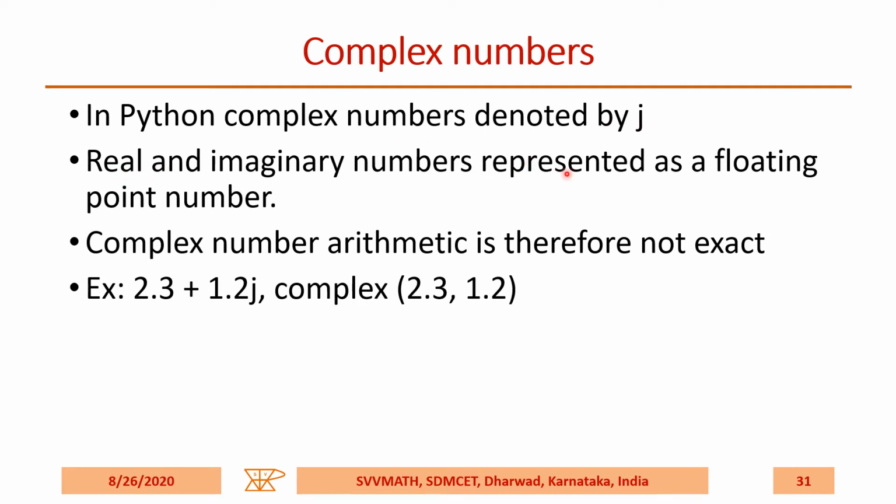Real and imaginary parts are represented as floating point numbers. Complex number arithmetic is therefore not exact. Some examples are written: the complex number 2.3 plus 1.2j, or another way we can write is complex(2.3, 1.2). Just read it once, go through it once.